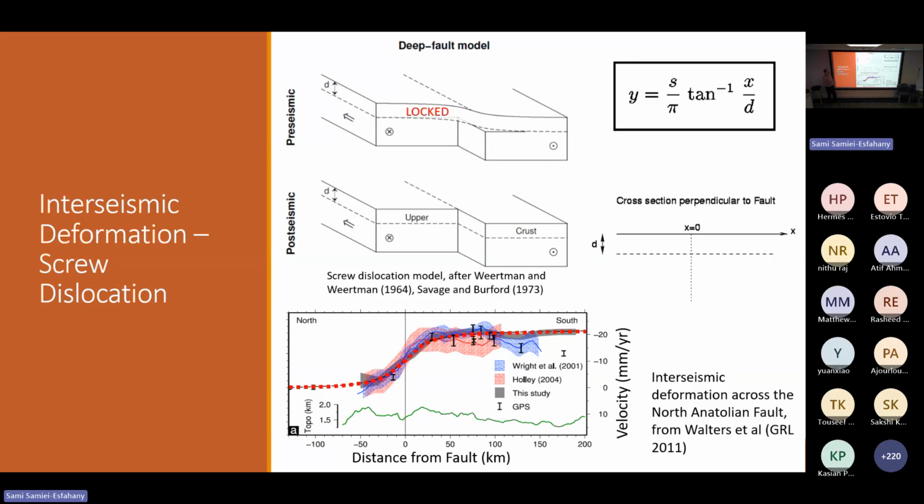It's nice because it's only a two-parameter model. It tells you how much the ground is moving relative to some reference, depends on how fast it's slipping, about millimeters per year, and how deep that locked layer is. The thicker it is, the longer the wavelength of the signal. So it's a bit like the co-seismic. And we want to be able to do that.